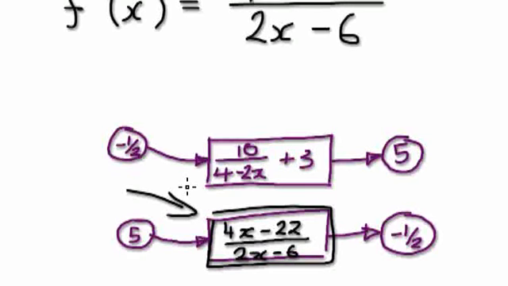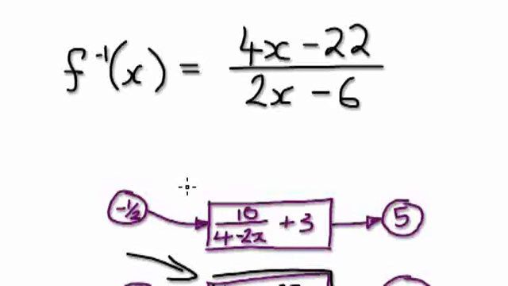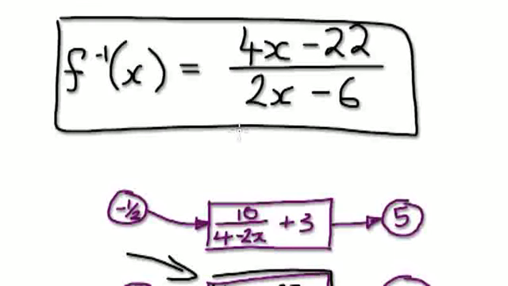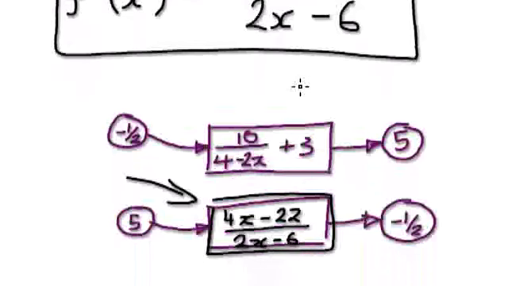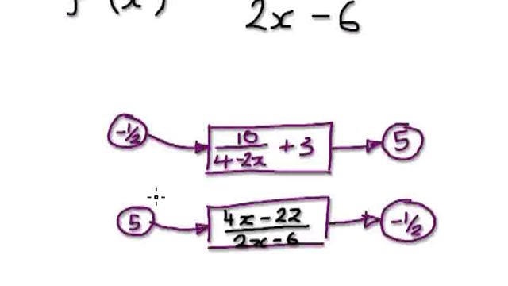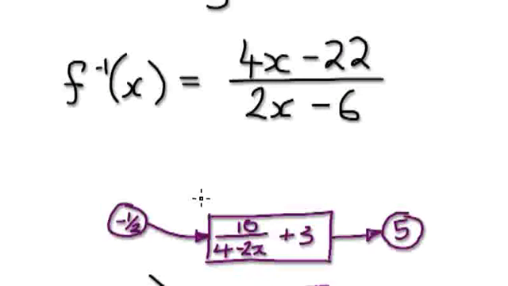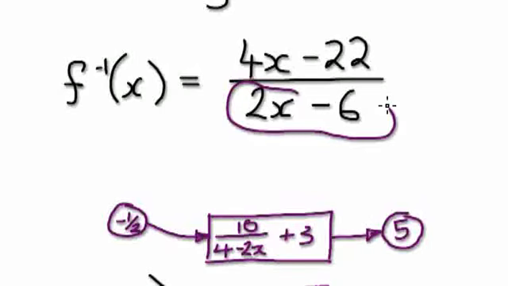The next step is to find out the domain for this inverse function here. To find the domain, find out what really breaks down this machine. What number would you put into here that breaks it down? This machine breaks down when this bit here is 0. So the next step is to ask, when is it that this here equals 0?